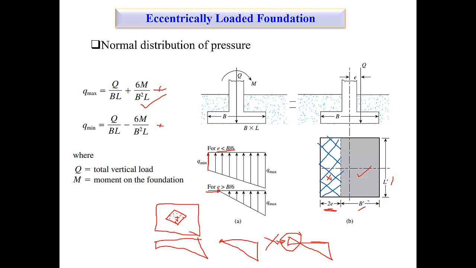Now the question is, when we consider the eccentric load in this axis, we consider this much distance removed from the footing property, or this much area removed from the footing property. So this distance is in the B direction.